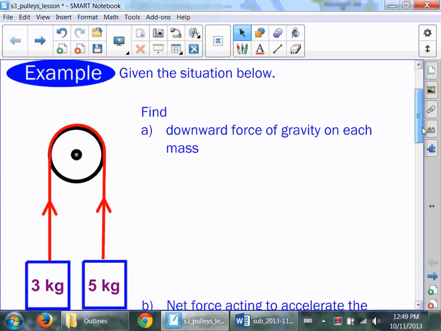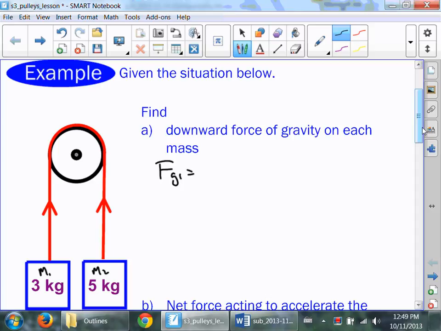We have a 3 kilogram mass on one side, a 5 kilogram mass on the other side. What would be the downward force of gravity on each mass? Of course, we'll call this M1, we'll call this M2.